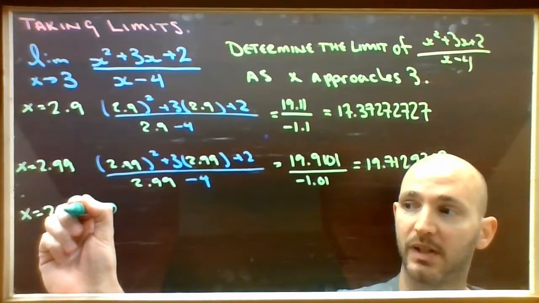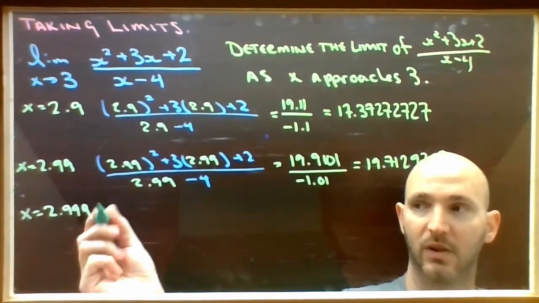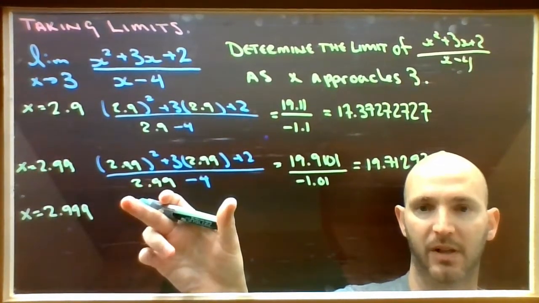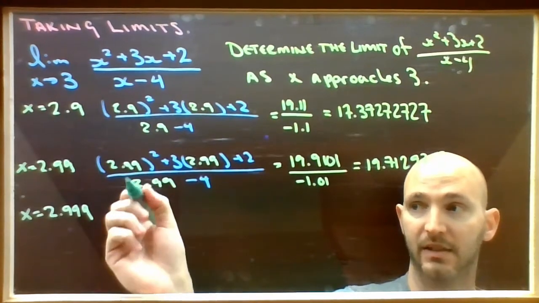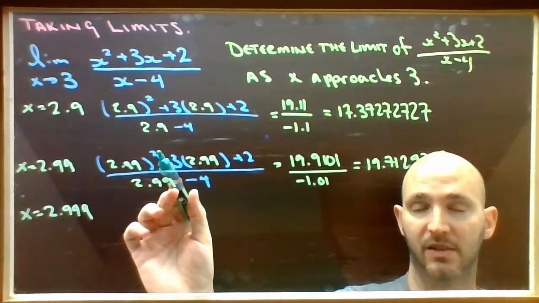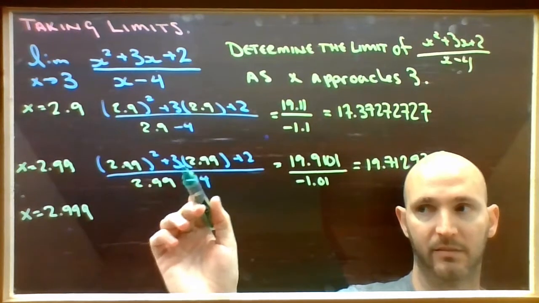Okay, so one more. x is 2.999. That's getting closer. I'm not going to fill this part out because I think you see the idea. So I'm going to take 2.999 squared. Just shove it in there.